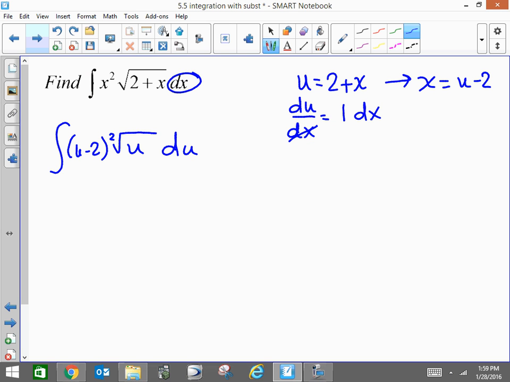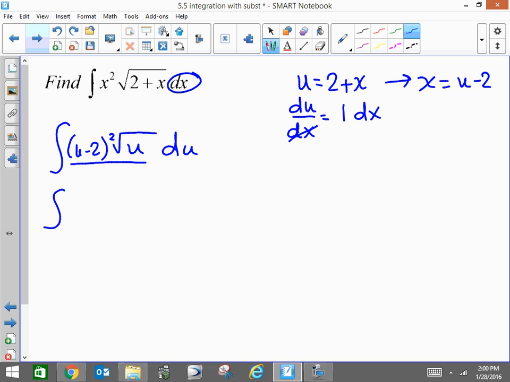Now that still looks like a pretty complex integration. So watch for that where you can manipulate and kind of substitute back in. Now, how am I going to integrate that? It looks pretty complex. I don't want to have to use another method. Can you simplify that at all?